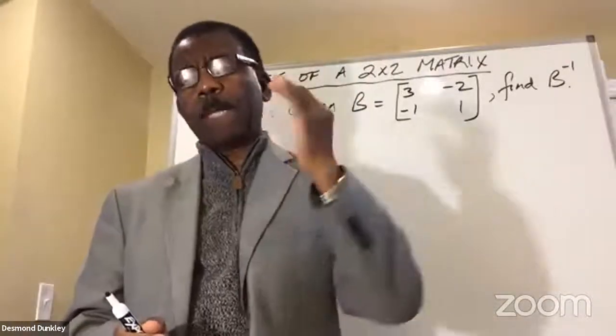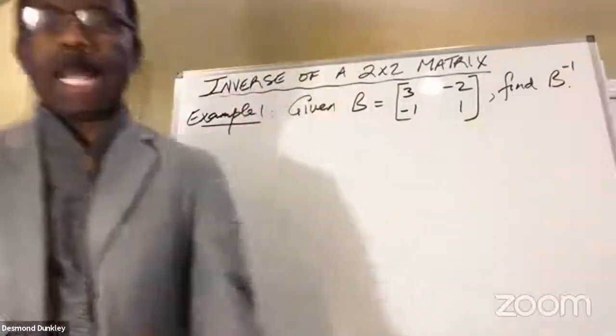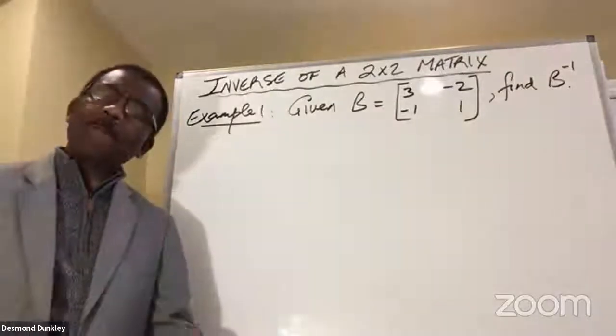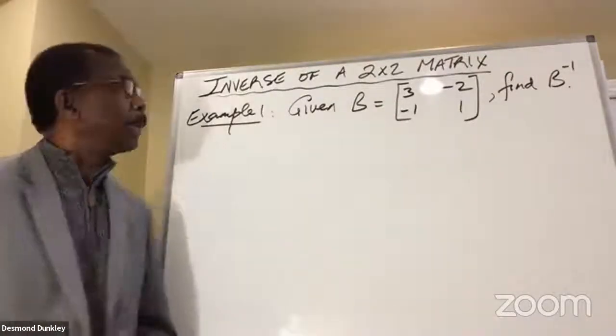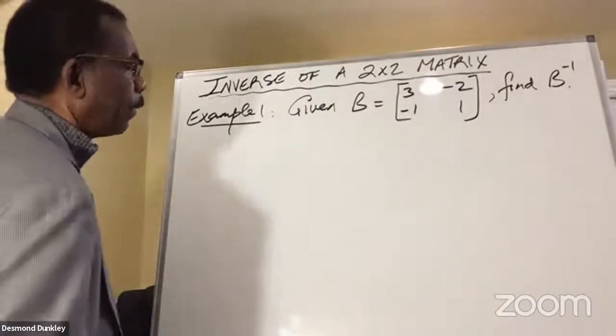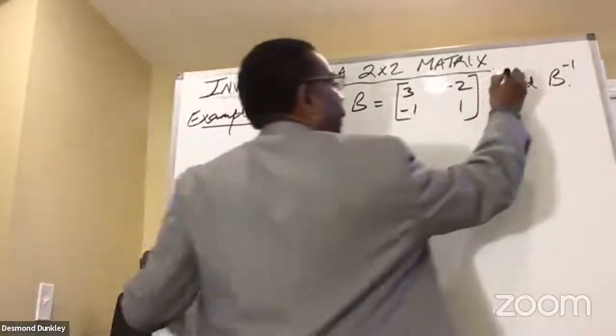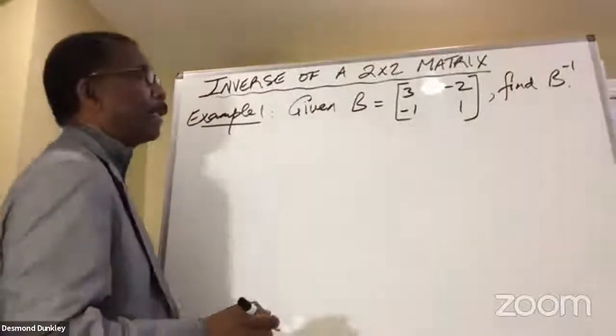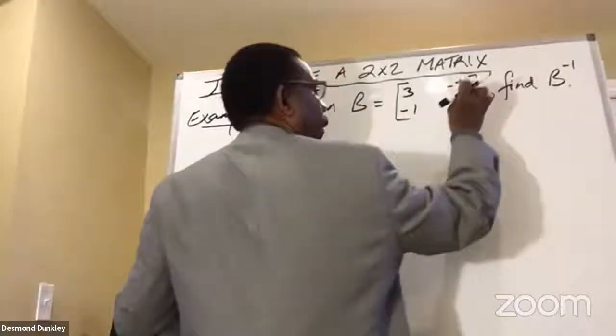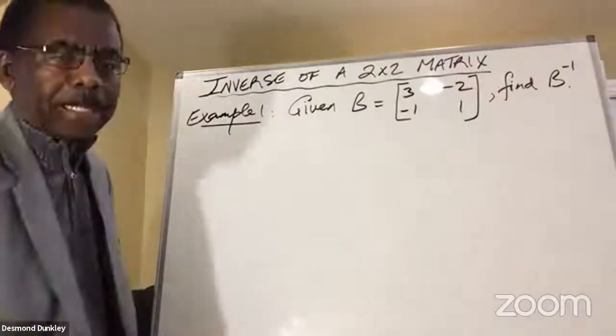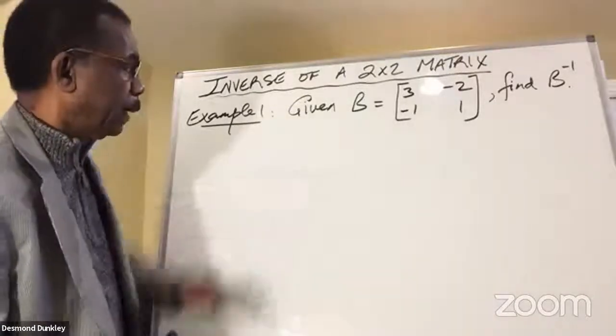The number of rows must be equal to the number of columns. Got it? So you can only find the inverse of a square matrix. Okay, so what is our first step? Our first step is to find the determinant.